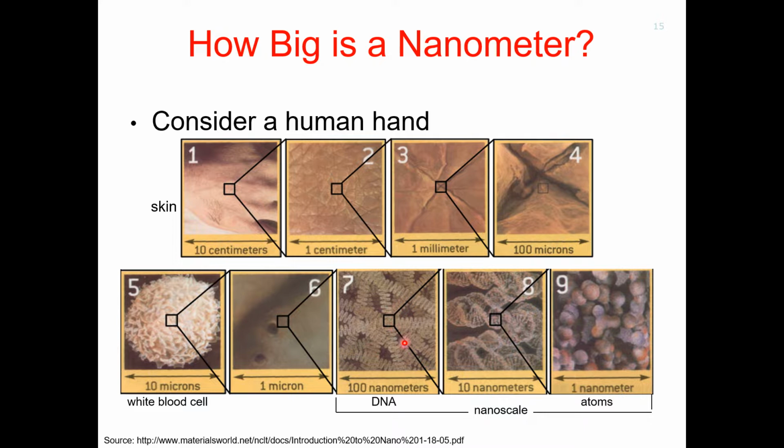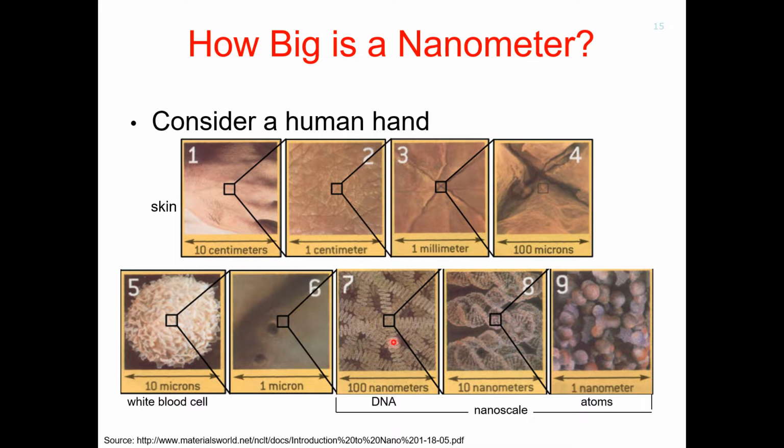If we reduce the scale further towards 10 nanometers, the DNA structures look like this. And with further reduction down to 1 nanometer, that is the atomic scale, the structure is totally different from the 10 nanometer scale, the 100 nanometer scale, or the 10 micron scale.